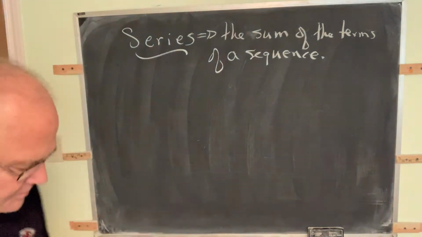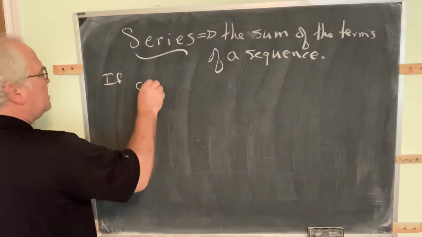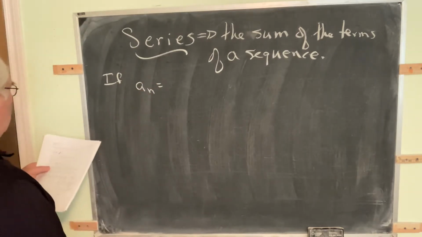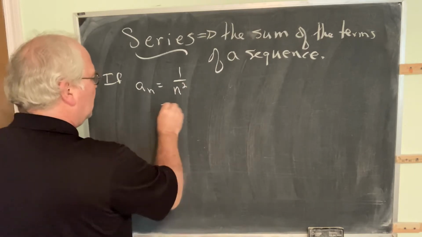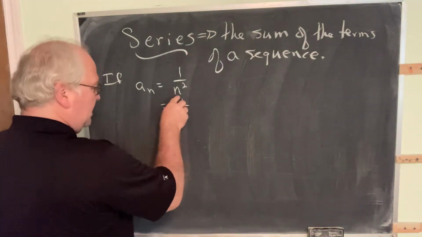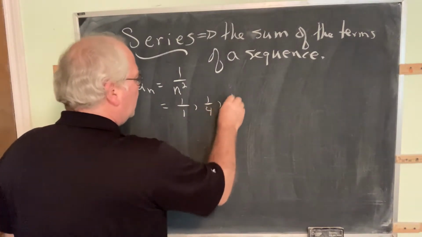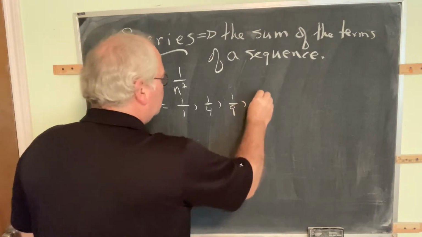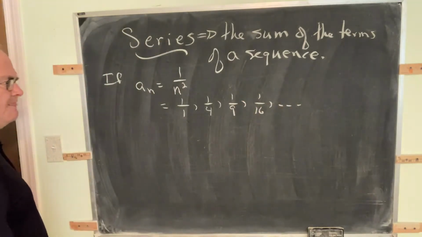And so, suppose we have a sequence defined by the rule, something straightforward, 1 over n squared. So the terms of that sequence are, as n equals 1, n equals 2, n equals 3, n equals 4, and so on.